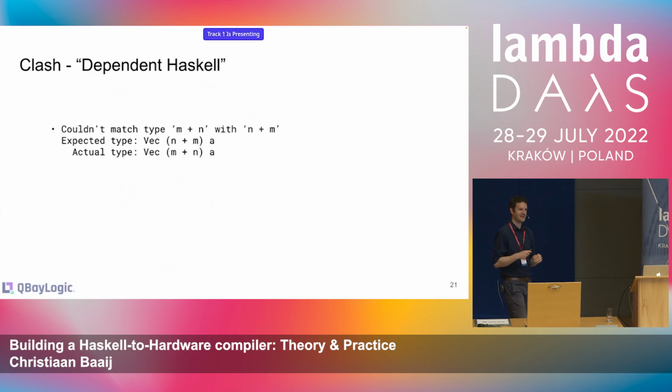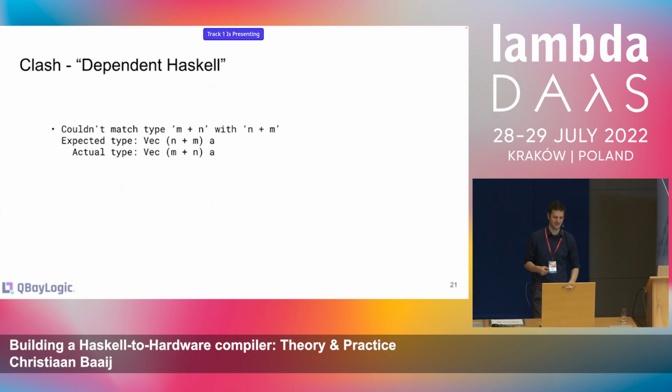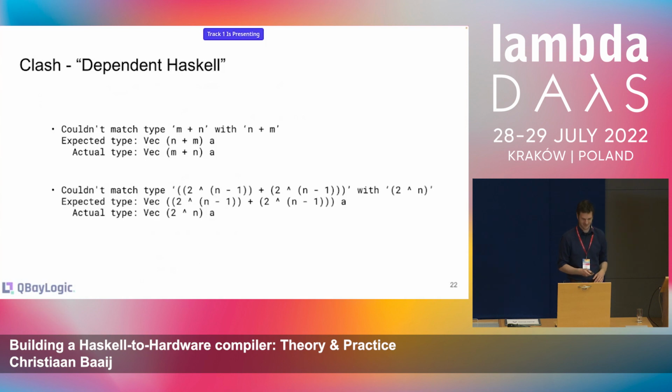So you don't want to write down the proof for that every time, or search somewhere for the proof. One of the things that we get in Haskell is that it doesn't know about the basic rules for algebra of natural numbers. So it says, oh yeah, you provided me with a vector that is length n plus m, but I needed it to be m plus n, and I have no idea that those two are the same.